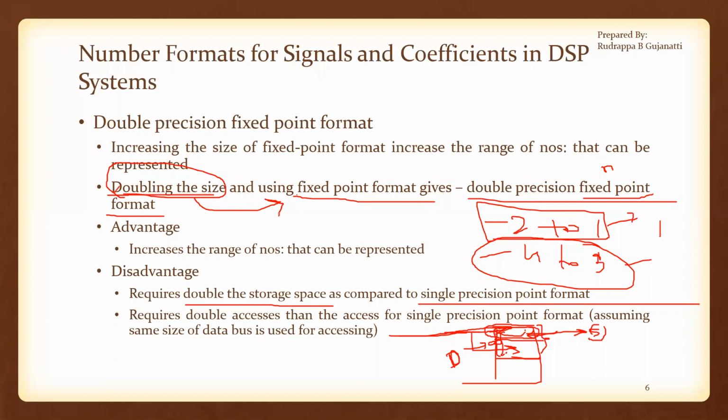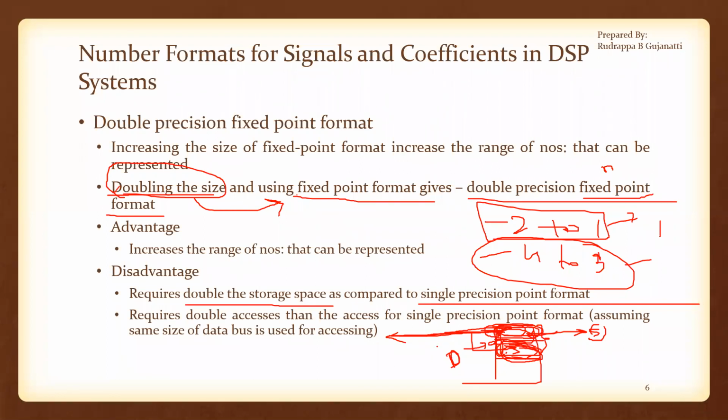That is one location here and one location here. That is two accesses in this case. I'm assuming that the data bus size is the same. So first I might fetch the least significant information, and then the most significant information, and then overall I'll be getting the number. So here the access has been doubled.